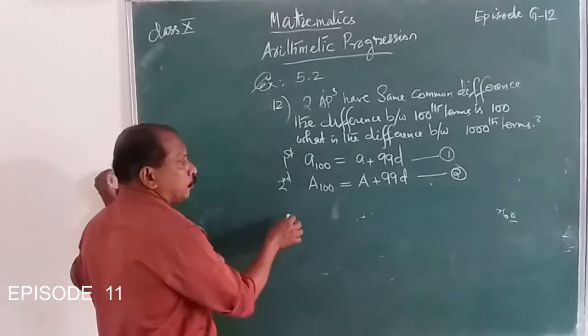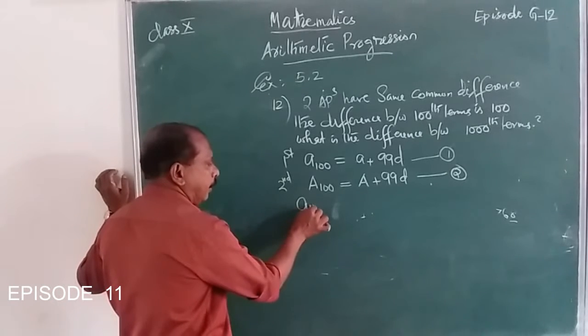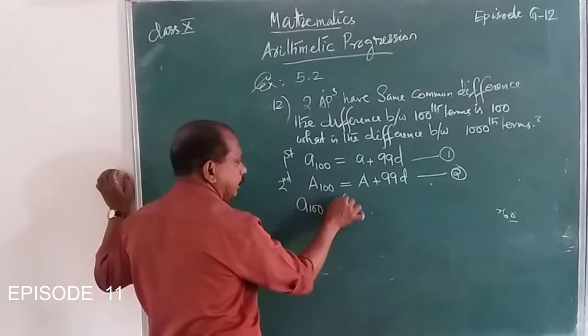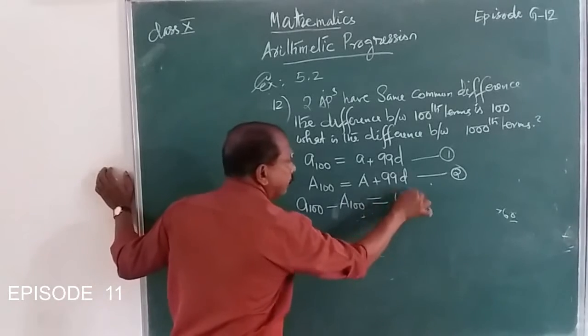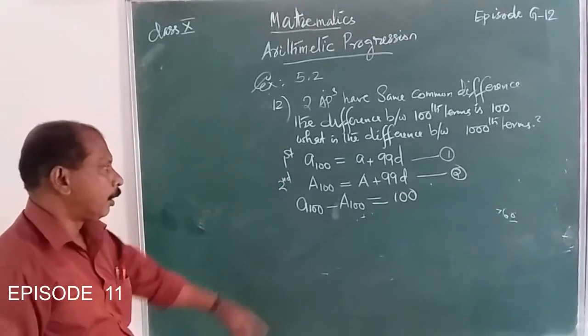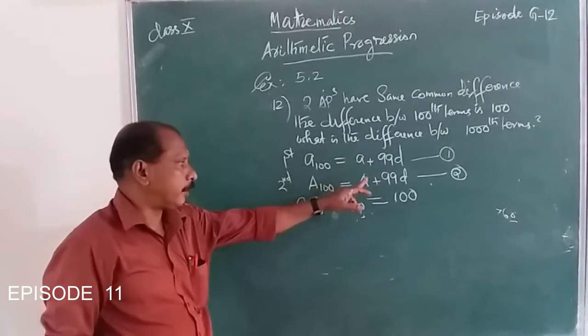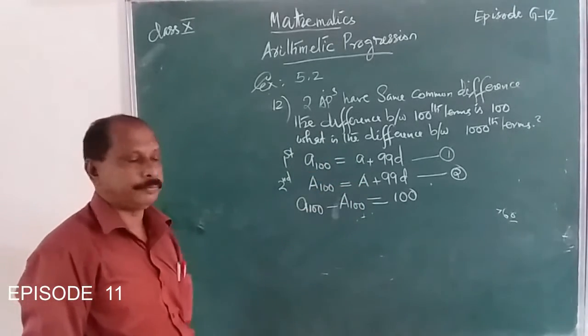The difference between these two, that is a100 minus capital A100, is equal to 100, which is given. It is the difference between the 100th terms of the two progressions. The first term is a, and capital A is the first term of the second. Let d be the same for both.